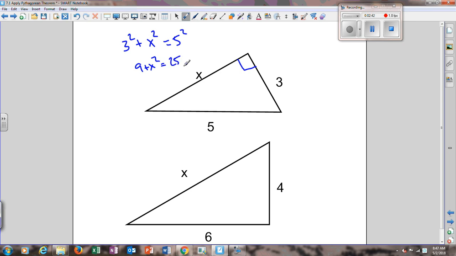So it's 9 plus x squared equals 25. Subtract the 9 over. Get x squared equals 16. Take the square root of both sides. You get x equals 4.